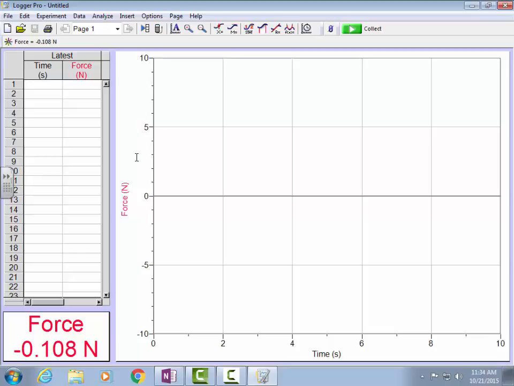Wait, no, it's 240. So 240 plus 780 is how much? 240 plus 780 is what? So it's 1.02 kg, right?